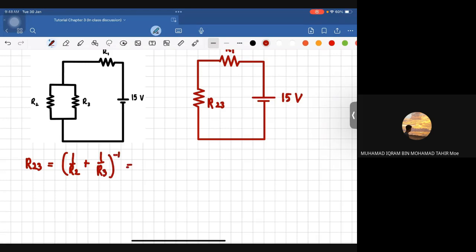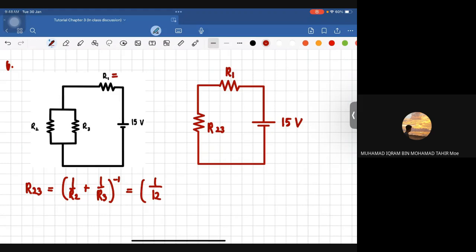Okay, so yang ini kamu wajib tulis show kamu punya solution. R1 is 10 ohm, R3 ni 5 ohm, R2 ni 12. Kena tulislah 1 over 12 plus 1 over 5 to the power of -1. Okay, so baru tulis final answer dia 3.529 ohm.